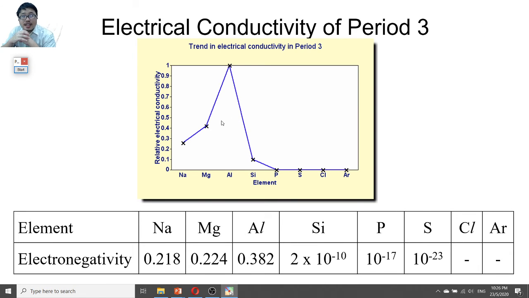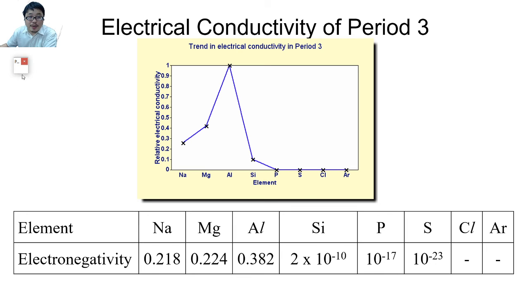Now we are going to study the electrical conductivity of period 3. Phosphorus, sulfur, chlorine, argon: close to 0 electrical conductivity. Silicon has a little bit, which I'll explain later, and sodium, magnesium, aluminium have a relatively high electrical conductivity.